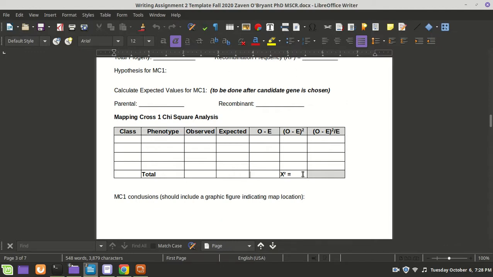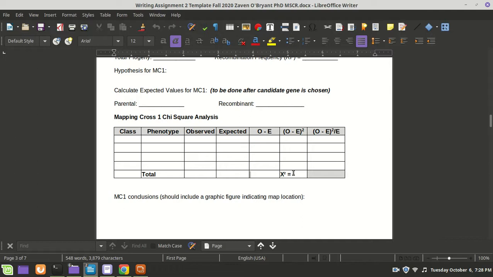And of course, you'll end up with a number, and you'll have to figure out on your own the magic number that you're trying to get. Actually, you want to keep it below it if you want to accept your hypothesis, and above if you're going to reject.